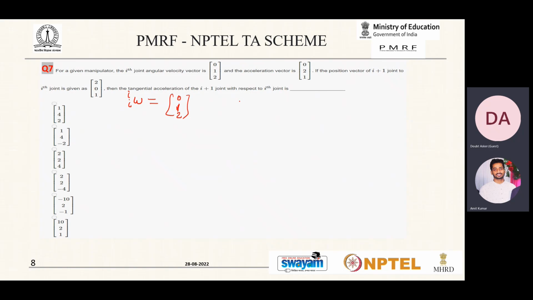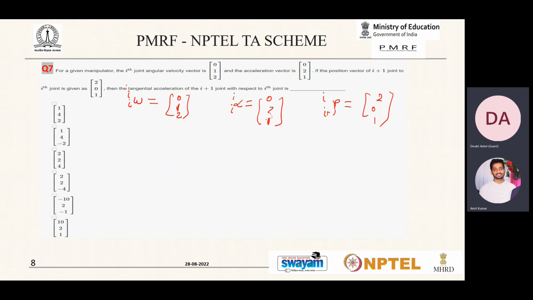And the acceleration vector alpha I is given, that is 0, 2, and 1. And what else is given? P is given, I plus 1 to I, that is 2, 0, 1.